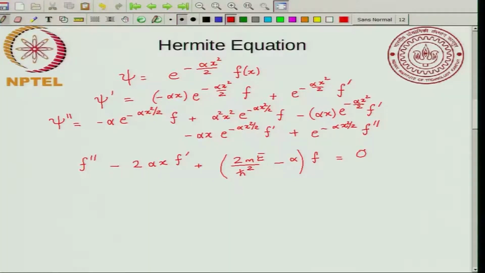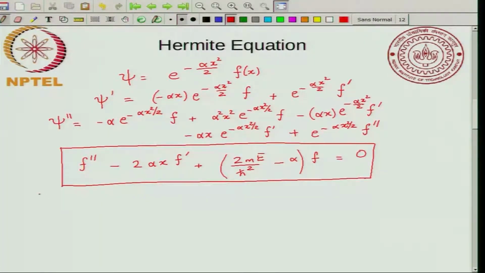And this is related to the Hermite polynomials. So f is closely related to the Hermite polynomials. I'll just quickly go ahead and tell you what you do next. So this is the differential equation that we'll solve using the power series method.